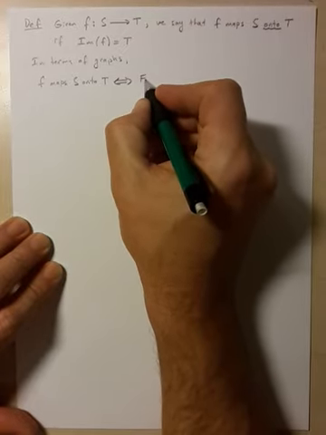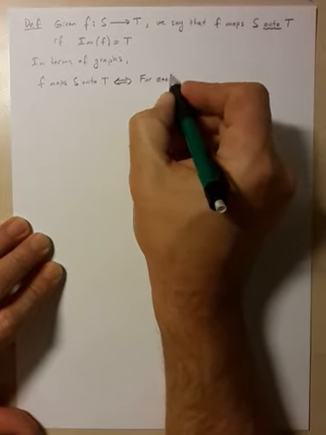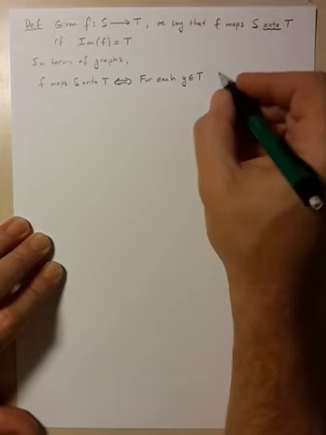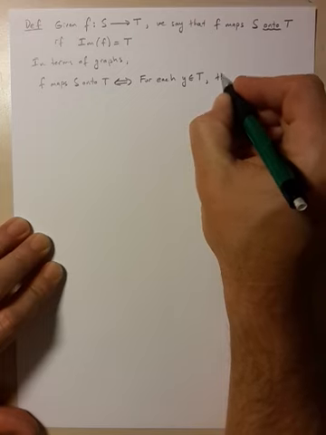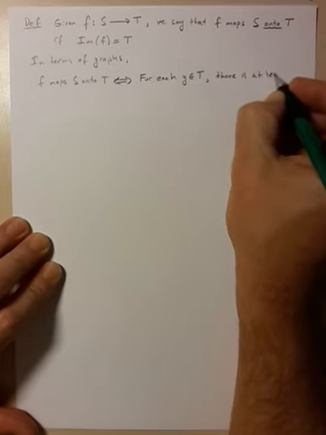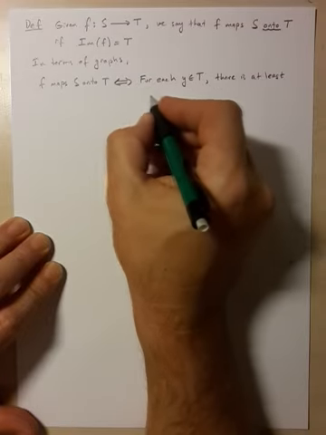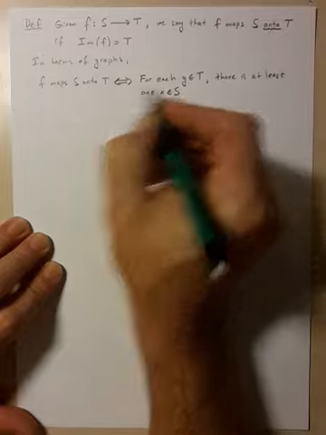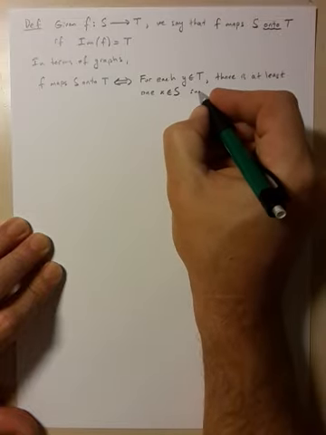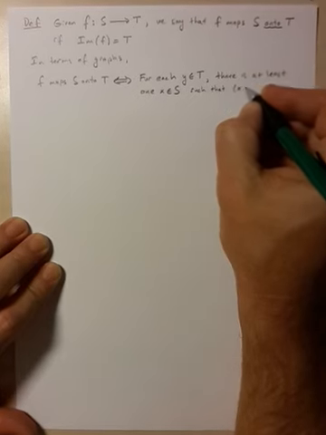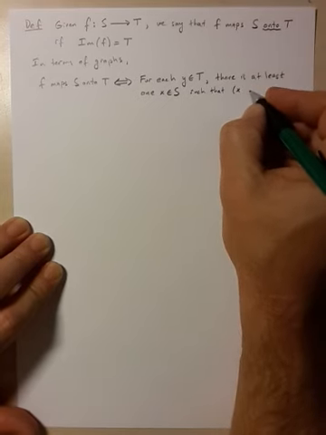So let me write this. For each y in T, right, there is at least one x in S such that the image of x is y under f.